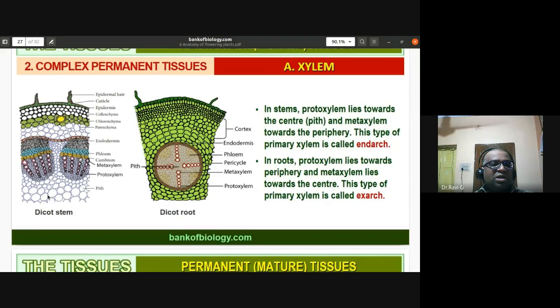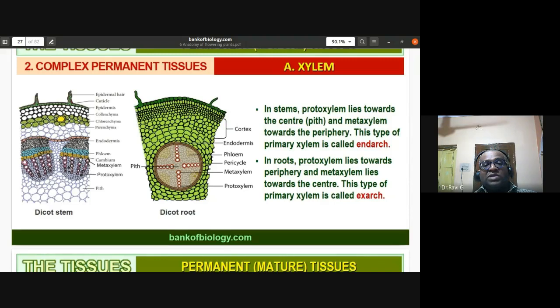Examples are dicot stem, monocot stem, dicot leaf, monocot leaf. So they exhibit this endarch condition. Exarch, external. See, protoxylem is towards the periphery. Metaxylem, the larger lumen, is found towards the pith. So since this protoxylem is towards the external side, we call it exarch.